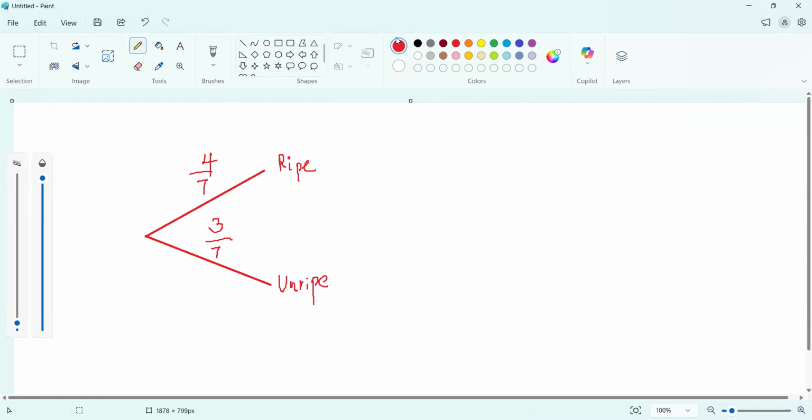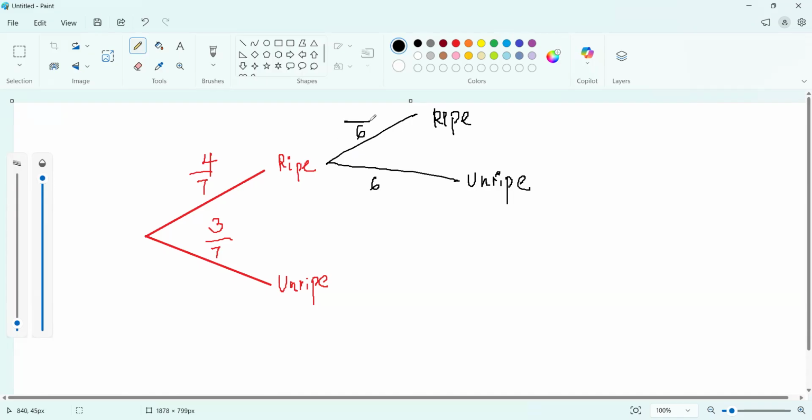But second time, they are given a condition. If it is ripe wood apple, they check again ripe and unripe without replacement. So second time they are having only 6 fruit. Why? Already taken out 1 if it is ripe.